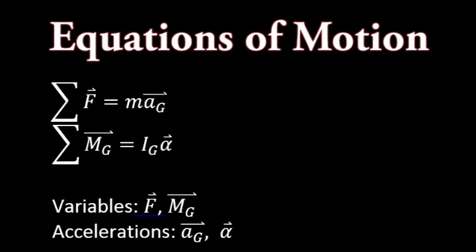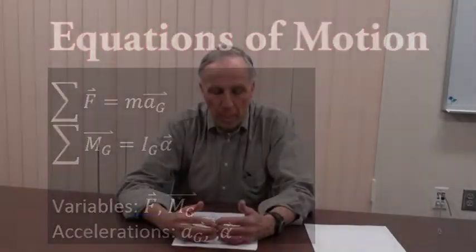So in two dimensions, you would have an equation in the x direction and an equation in the y direction. In addition, we have the sum of the moments about the center of mass equals the mass moment of inertia times the angular acceleration. That equation in two dimensions would be in the z direction, essentially our moment equation.